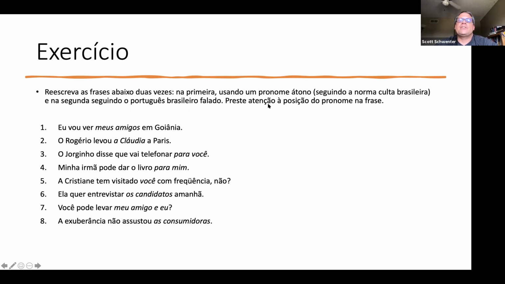And I say, pay attention to the position of the pronoun in the phrase, because that can be very different, whether it appears before the verb or after the verb, right? So in these cases, you have different choices for the written standard and then the normal way of speaking.